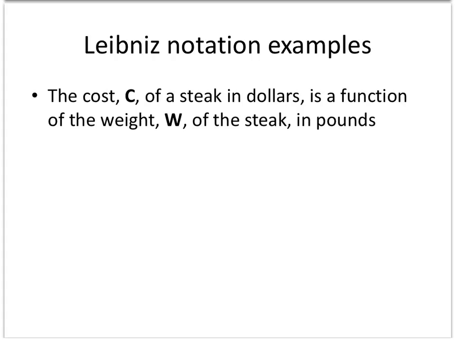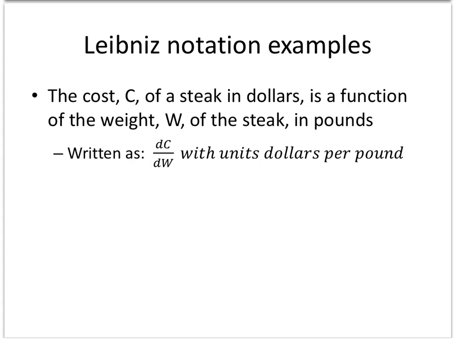So if I have the cost C of steak in dollars as a function of the weight W of the steak, I could write this change, in other words, the change in the cost over the change in weight, which would make sense. The cost is going to go up if you have more pounds of steak.